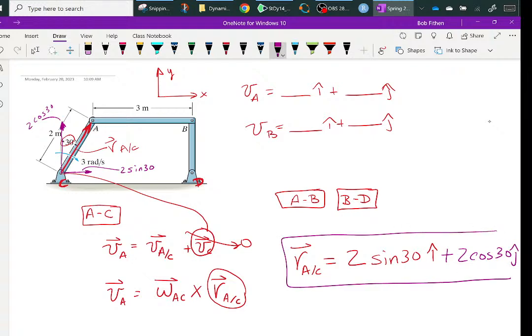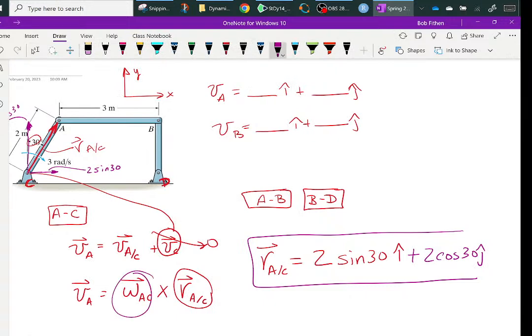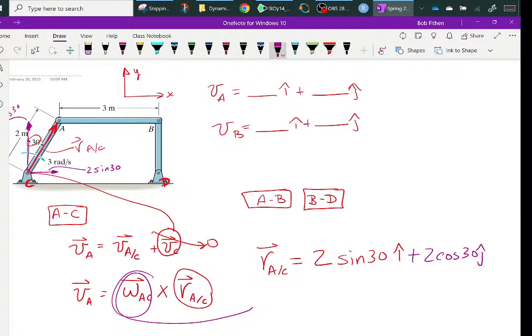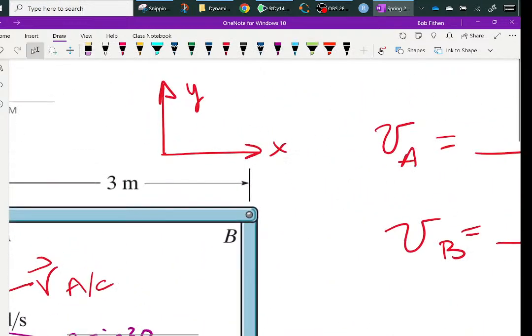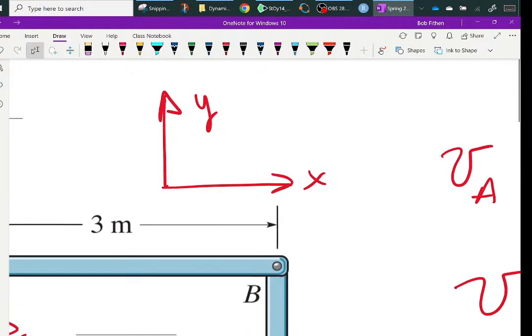The next thing to solve this is I got to come up with that thing. And with that, the best thing to do is pay real close attention to the right hand rule.